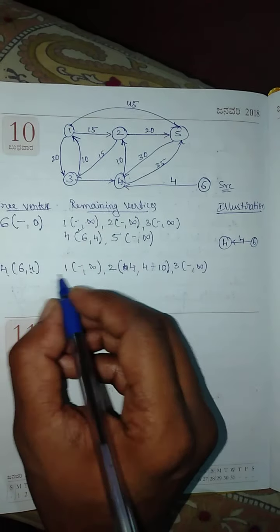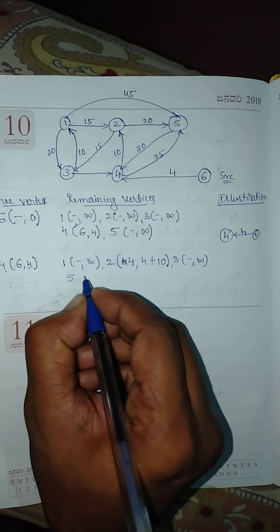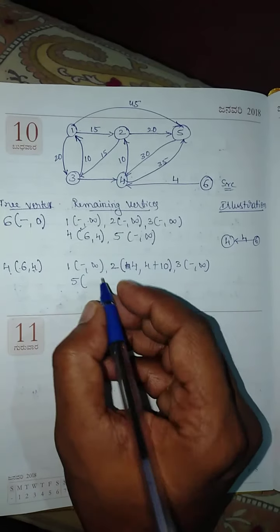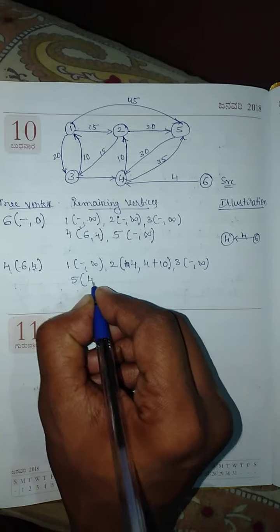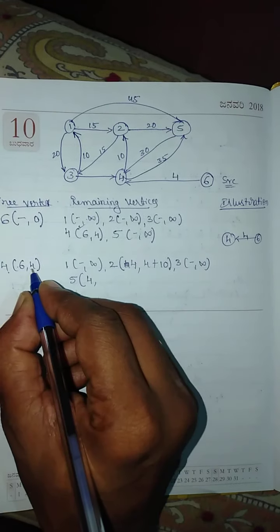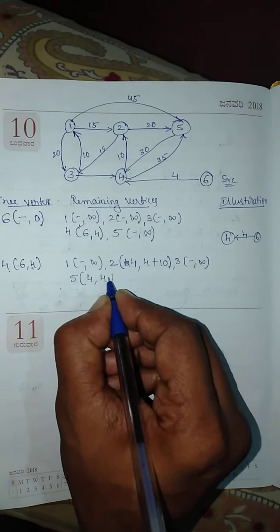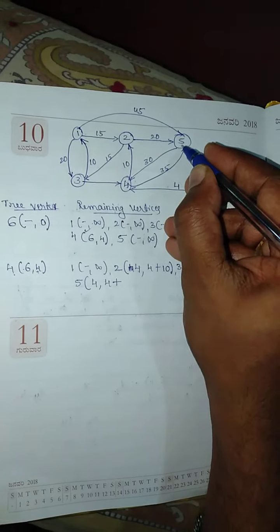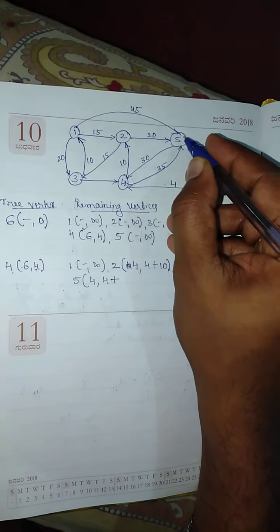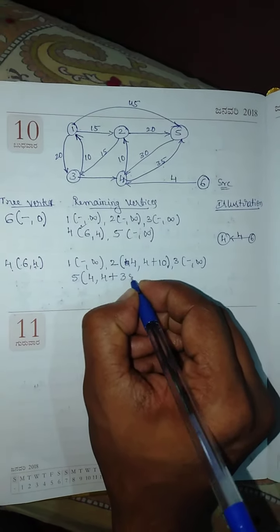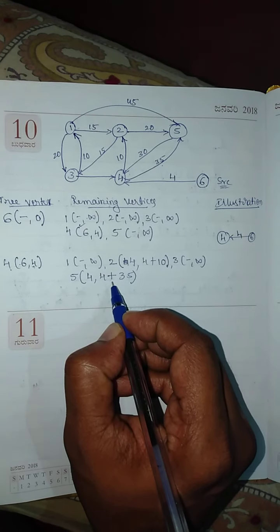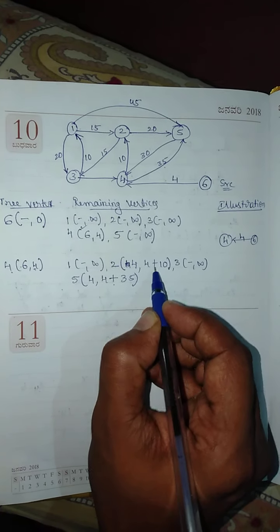Next 4 is already considered. 5 is reachable via 4 from the source node with a cost of 4 plus the cost from 4 to 5, which is 35. So this is 39 and this is 14.